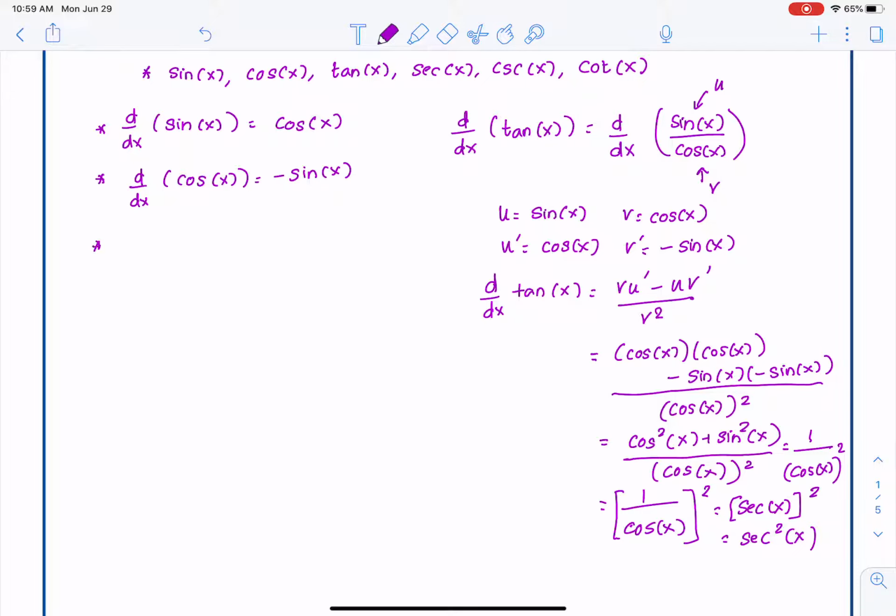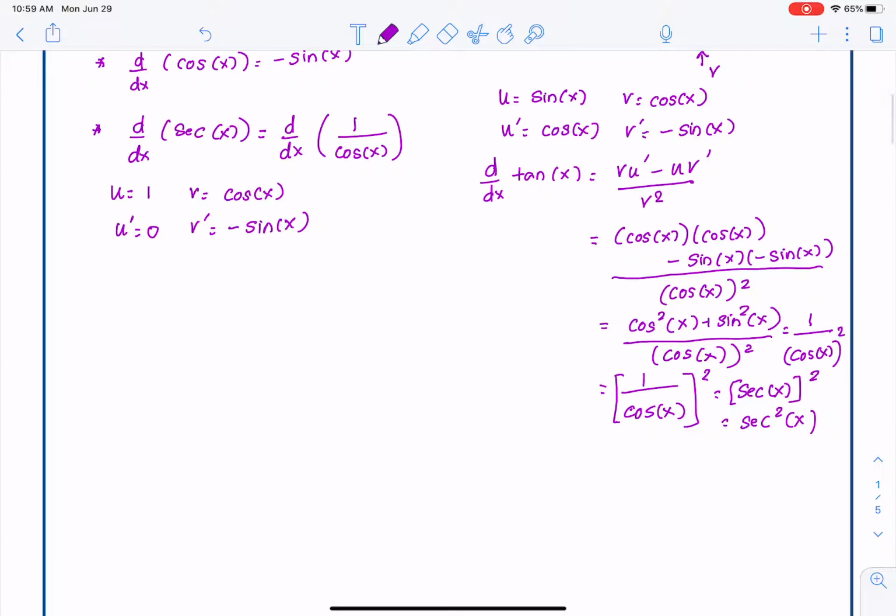So let's do the derivative of secant x. The derivative of secant x can be derived by saying derivative of 1 over cosine x. Again, using quotient rule, if u is 1 and v is cosine x, u prime is 0 and v prime is the derivative of cosine x, which is negative sine x.